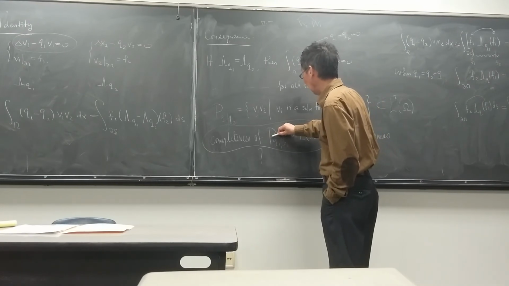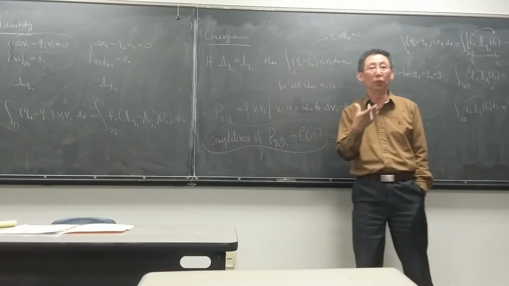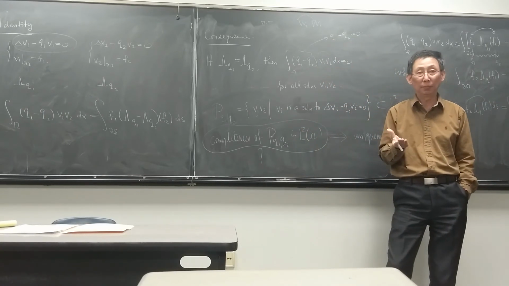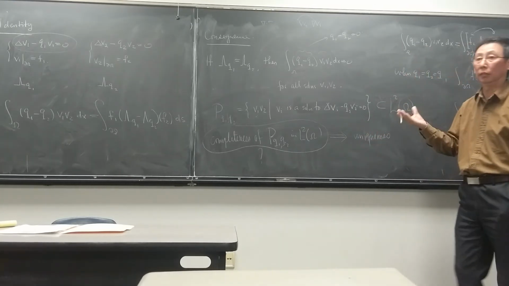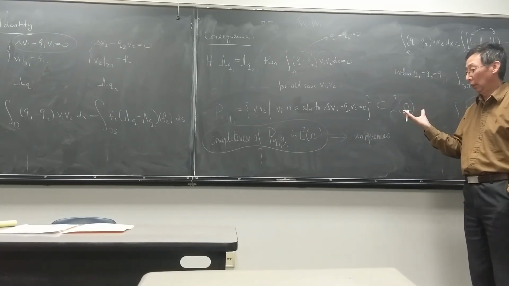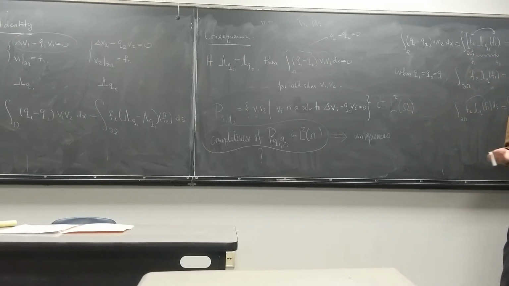It's not easy to prove that, because for an elliptic equation, how much information do you know about the solutions? You can only have some quantitative properties, like the maximum principle and the Harnack inequalities.